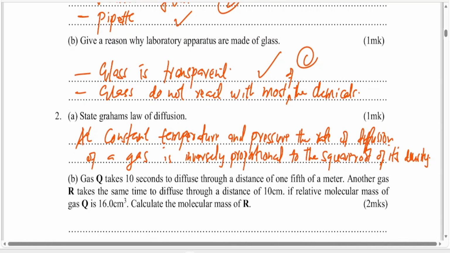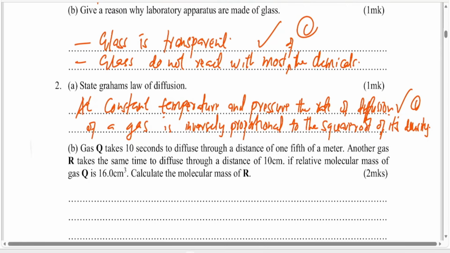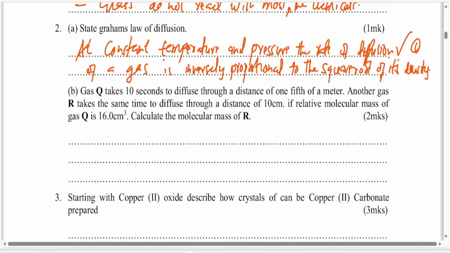That is how Graham's law of diffusion states, and stating it correctly, you were supposed to be awarded 1 mark. Let's move to part B of this question.